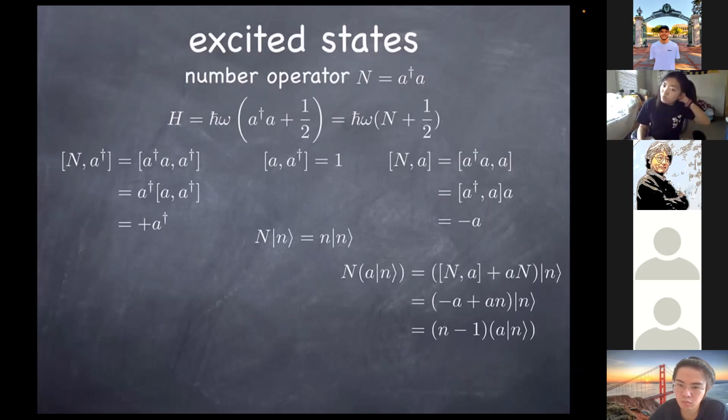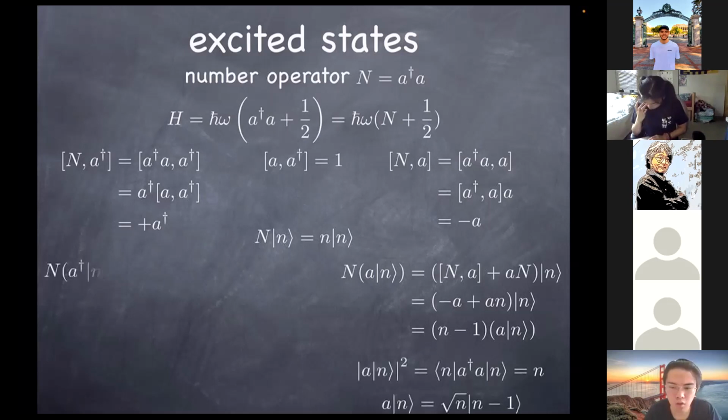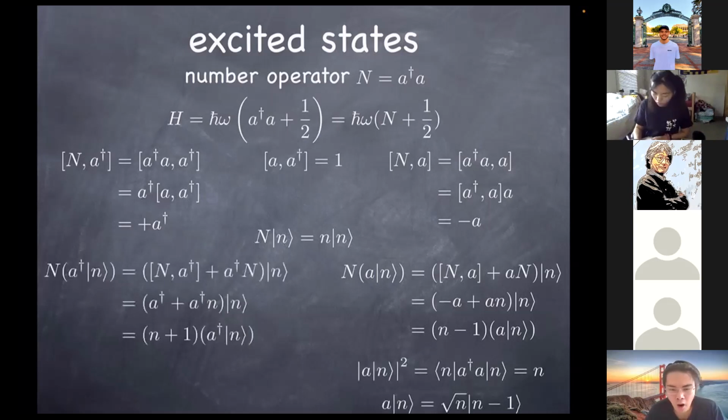So if |n> is an eigenstate of the number operator with eigenvalue little n, a now lowers the eigenvalue from little n to little n minus 1. In the same way, you can do the same thing for a dagger acting on |n>, and by going through the same kind of algebra, you can show that the number of the state a dagger|n> is n plus 1.